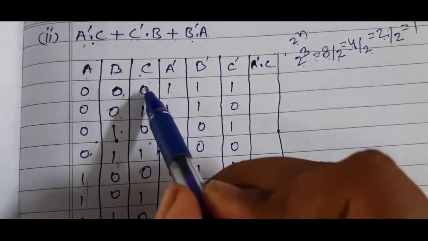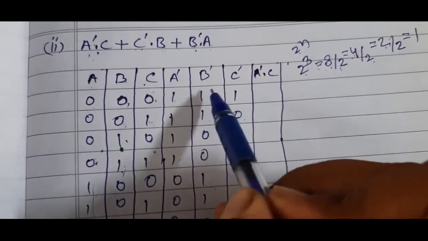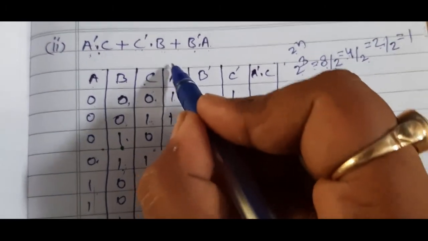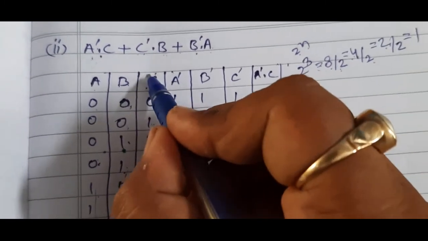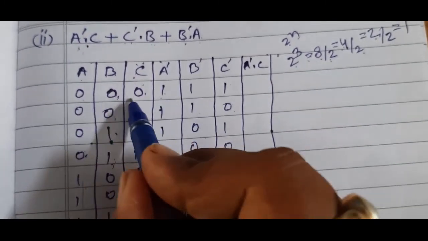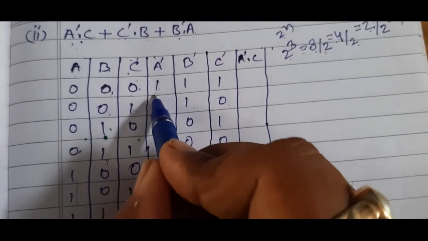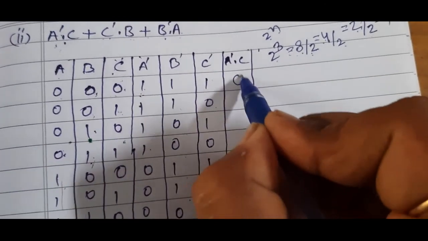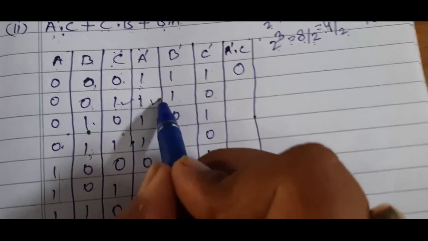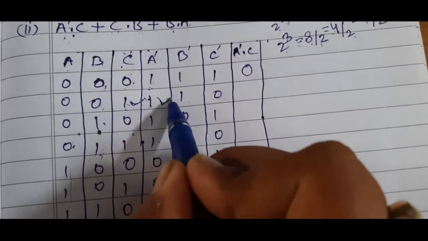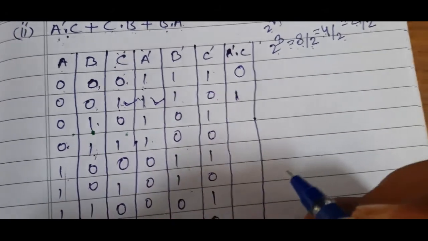Let's see in the first condition what is A negative and C. First combination, both are not positive, so the output will be negative. In the second, both are positive, so the output will be positive.